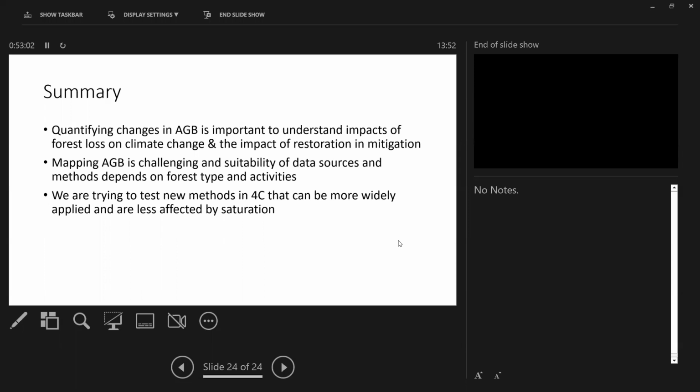There's something called the SDB, apparently someone has tried to compile a validation database for GEDI. I haven't been able to find it exactly.